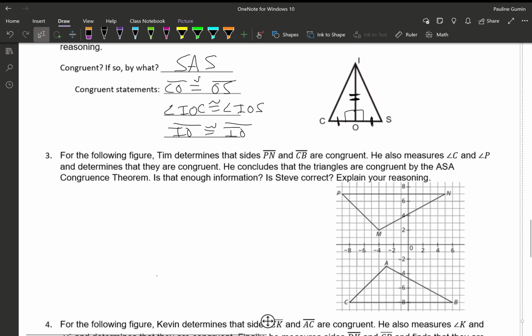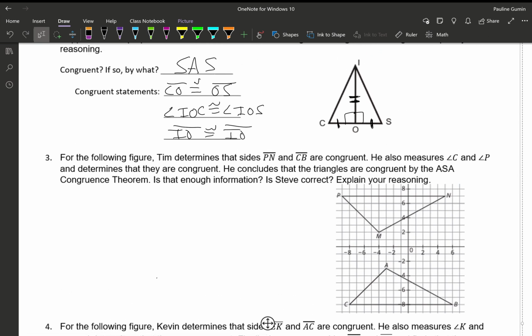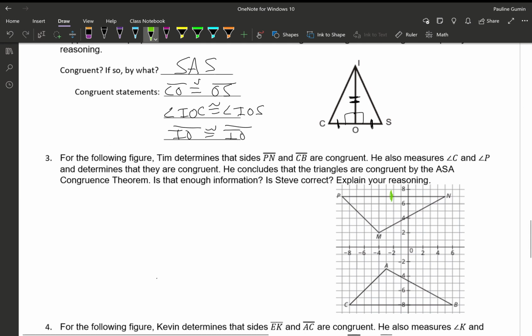All right, let's take a look at number 3. For the following figure, Tim determines that sides PN and CB are congruent. Let's mark it. He also measures that angle C and angle P are congruent. Let's mark that. Angle C and angle P. He concludes that they are congruent by ASA.